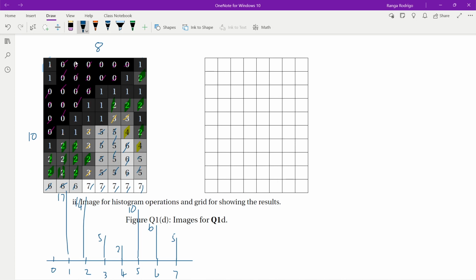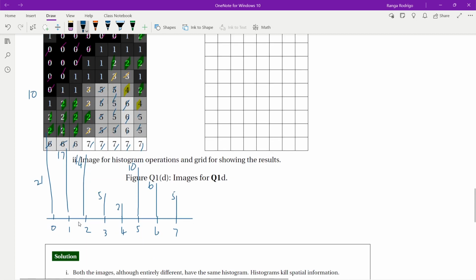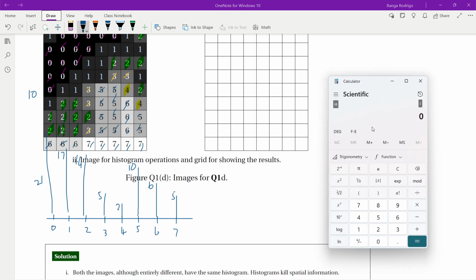Intensity 0, 1 to 21. Tall one, 21. 21, 17, 14. So therefore histogram is correct.